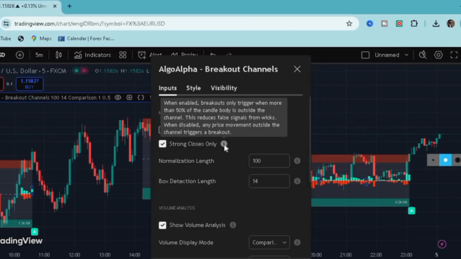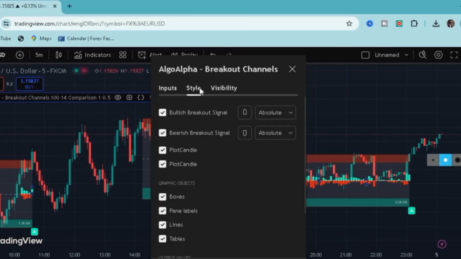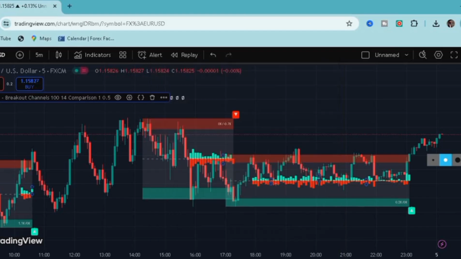So ensure it is enabled. That is the most effective thing that you should do to avoid false breakouts and so on and so forth. The rest, guys, we're going to leave on default settings. It works so well on all time frames, except the 1 minute time frame. The rest, they work so great for you.